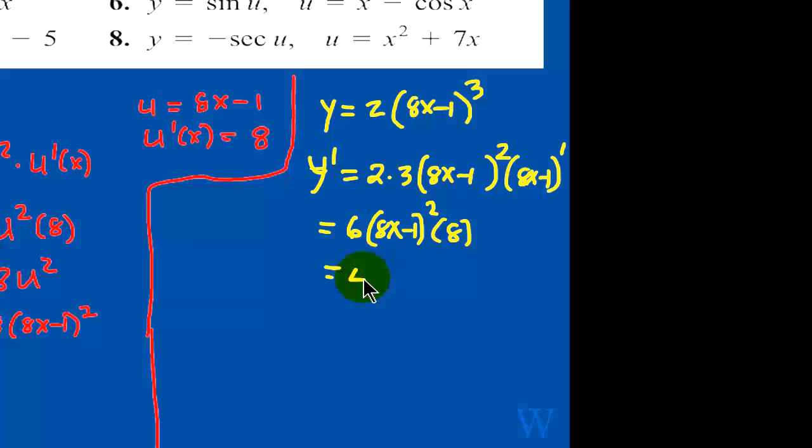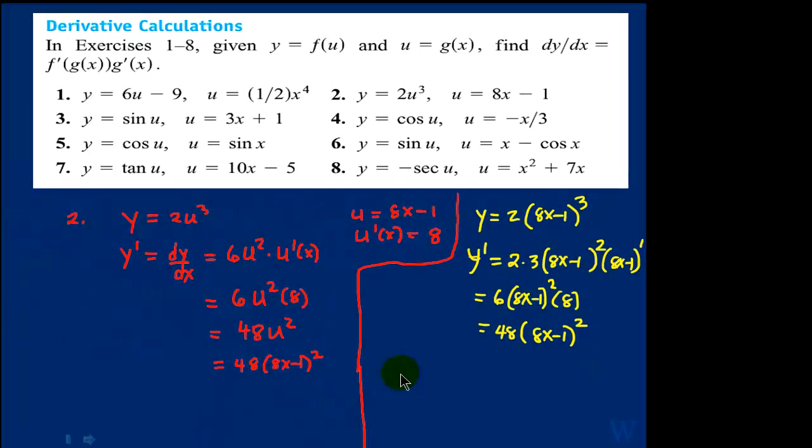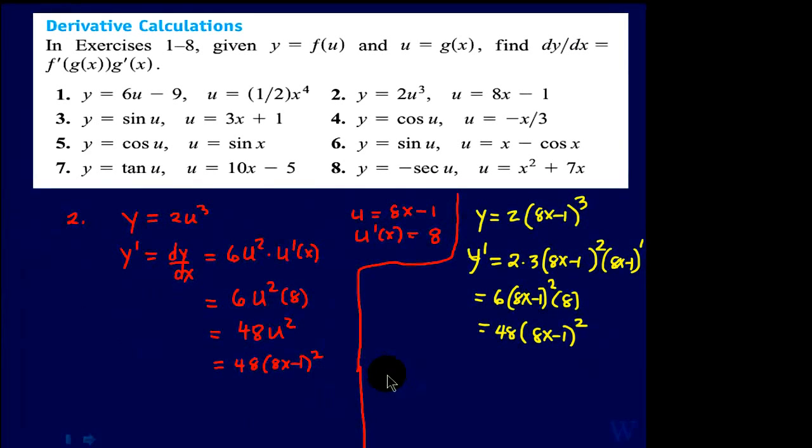So that is equal to 48 times 8x minus 1 squared. So every time you apply chain rule, you work on the outside going in. So it's like you're zeroing in from the outside coming in.